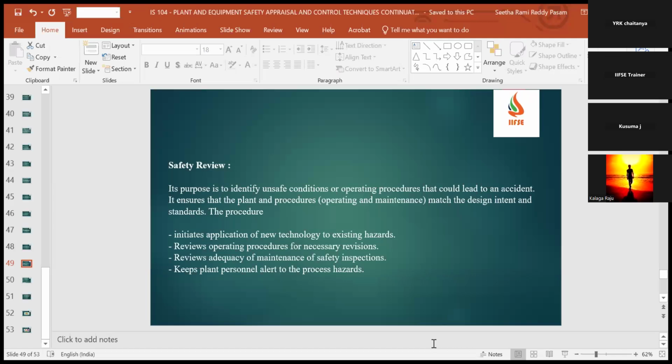So when we say review, it cross checks whether the procedures which we have created or drafted are meeting the design intent, are in the right direction, and are meeting the process requirements or not. Okay.